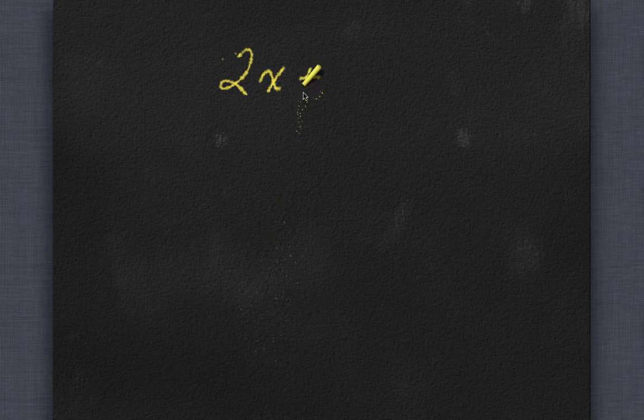I'm trying to think of a good modeling problem where you would have absolute value. Let's say your cost for something was going to be, say, $2 per item plus some initial startup cost, say $10.